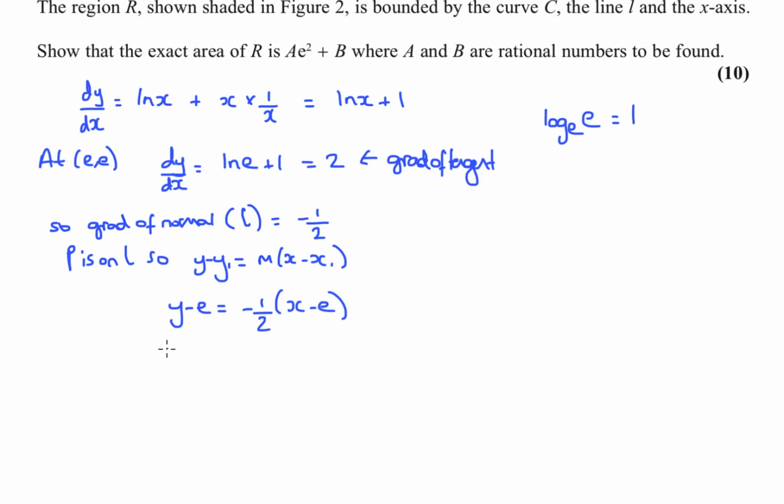I'm going to times by 2: 2y minus 2e is equal to minus x plus e. Let's move everything over to the left. So we're going to have x plus 2y minus 3e equals 0. So that's the equation of L.